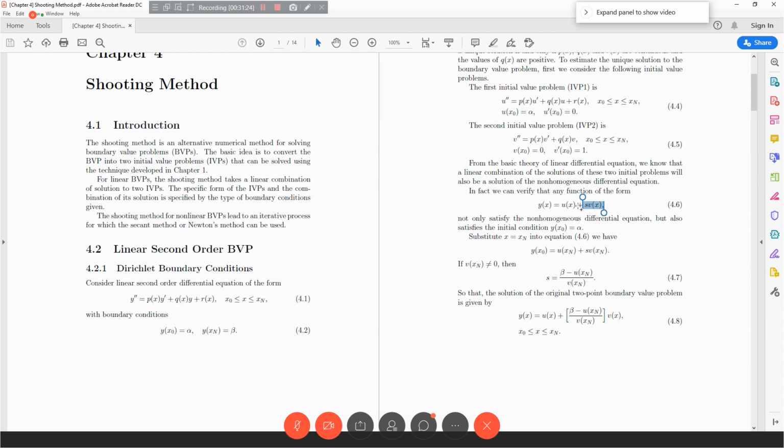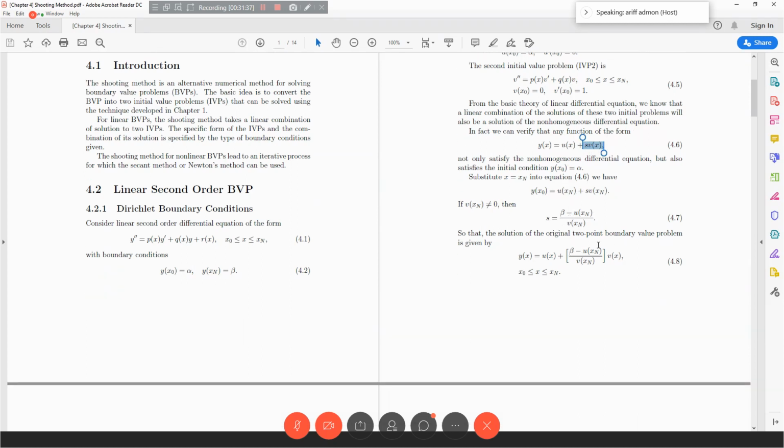You cannot get s. So we are saying that basically y at n equals just u at n. Here we write the solution, substitute this s inside 4.6, so you get equation 4.8.